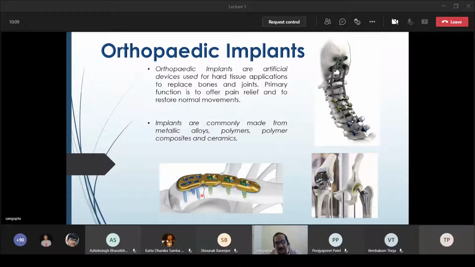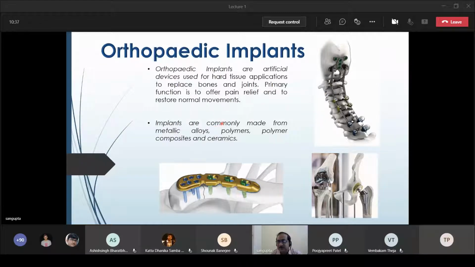You can see very clearly there is a fracture, as I am pointing with my pointer, and there are plates with screws used for fixation. So implants start at the very elementary level with plates and screws, then joint replacement and spinal implants.